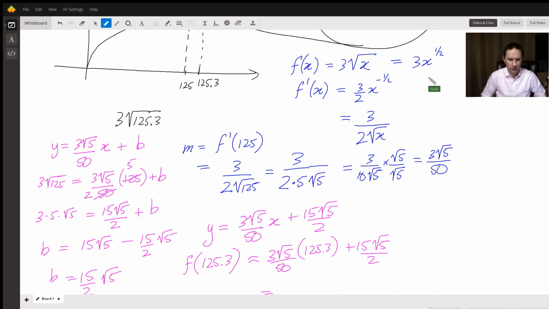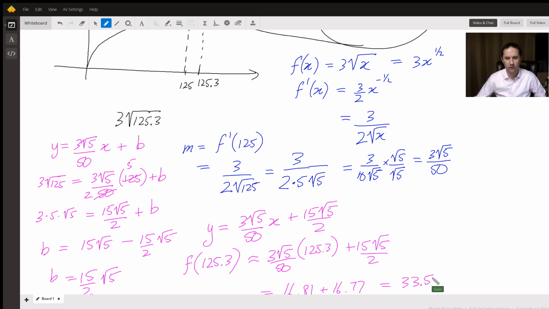Okay, so we get 16.81 plus 15 times root 5 divided by 2, which is 16.77, which equals 33.58.